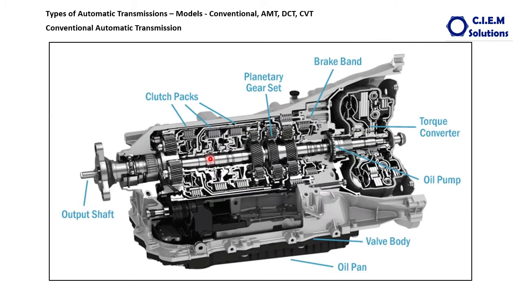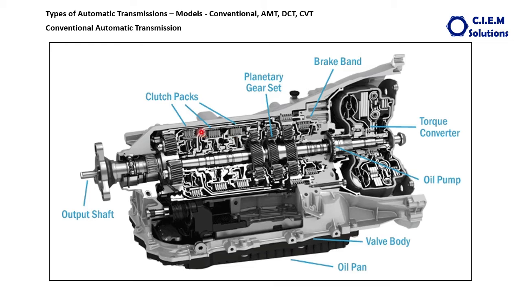This figure represents the conventional type automatic transmission that we have discussed in the previous videos. This has a torque converter, the planetary gears and the wet clutches.